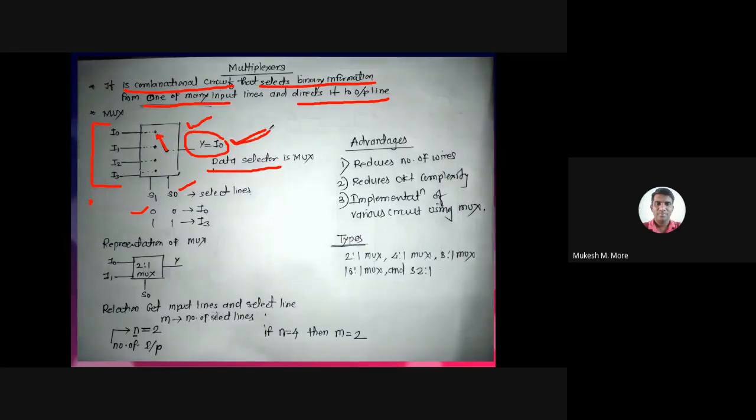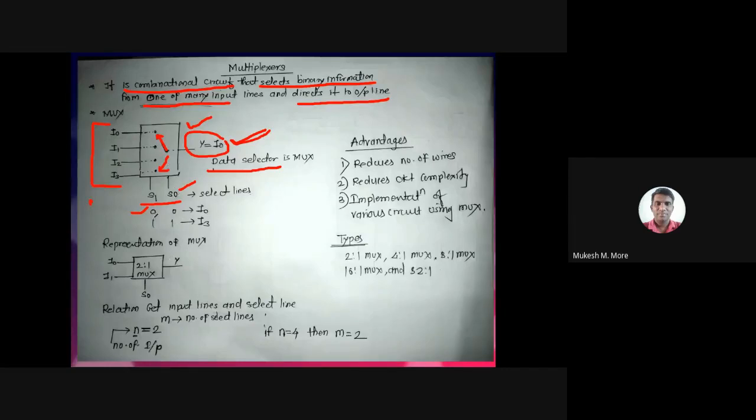When output is equal to I0, then we have to use these select lines. Suppose I want to change the output value, and I want the output to be I3. Then I have to change this dialer to I3 in the circuit.